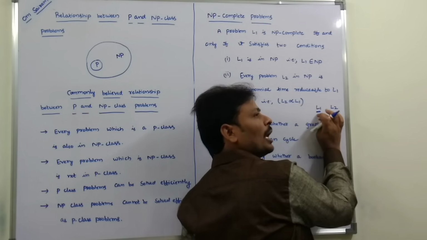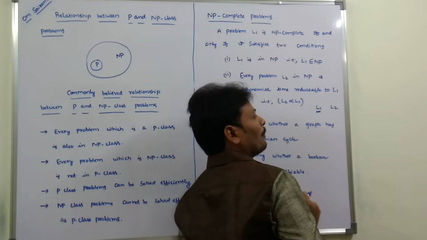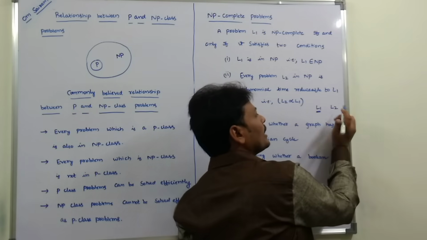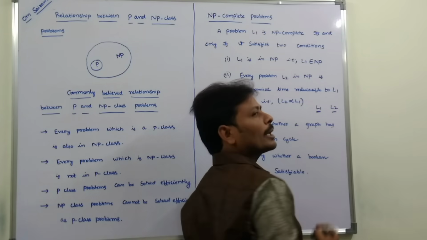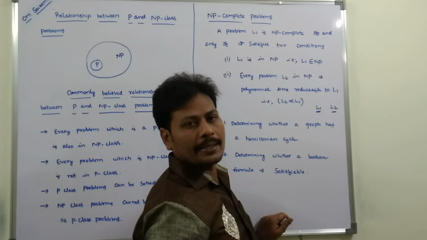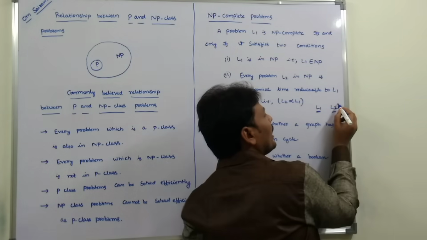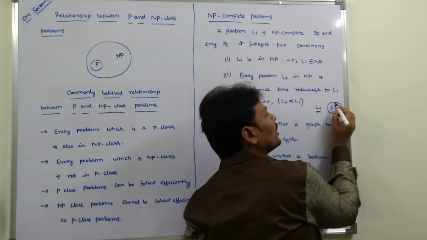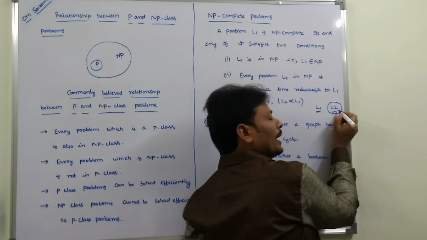Compulsorily, the problem L1 is in NP class. Second, we take another problem in NP, that is L2. There is a deterministic algorithm that can solve L2 in polynomial time.